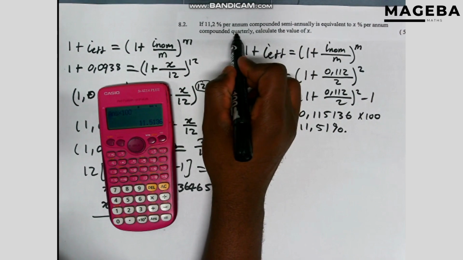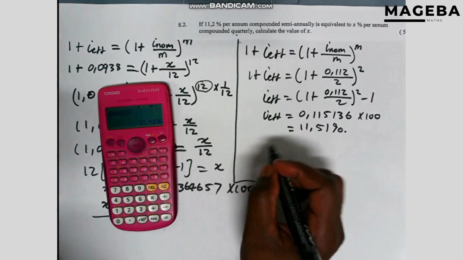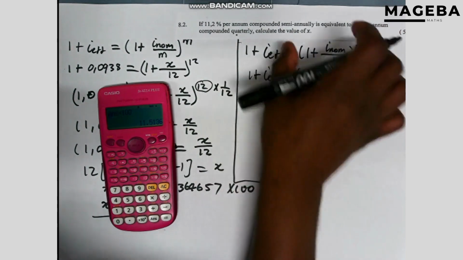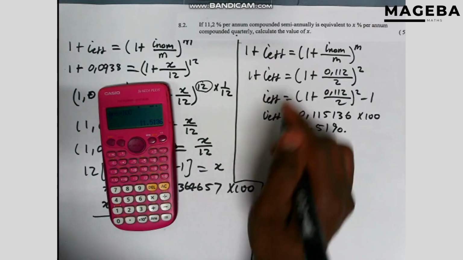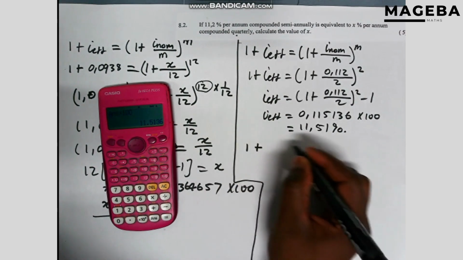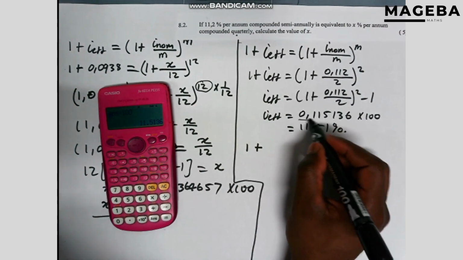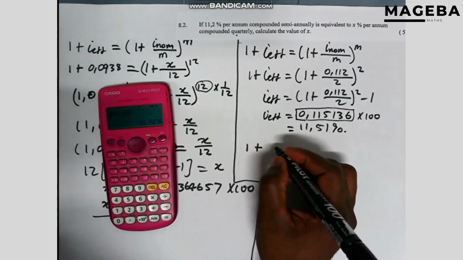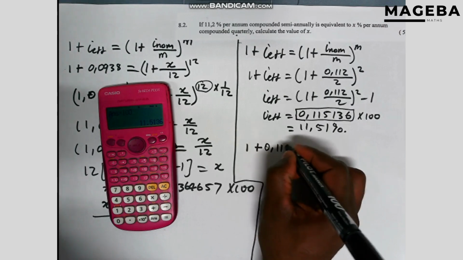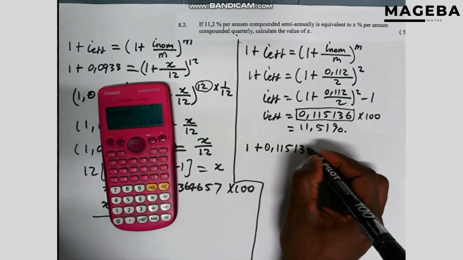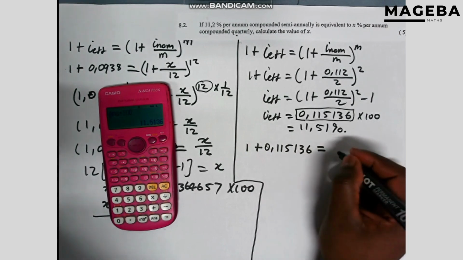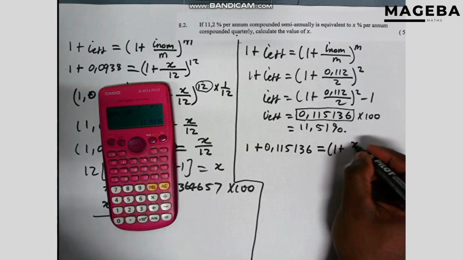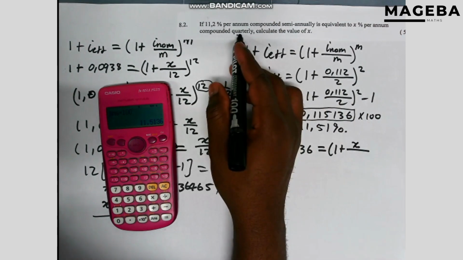So now same equation, I'm not going to write the equation, I'm just going to substitute now. 1 plus i effective, I'm just going to take this one, just to avoid rounding off. 1.115136 equals 1 plus, looking for i nominal, which is our x value, all over compounded quarterly, then it is 4, to the power 4.